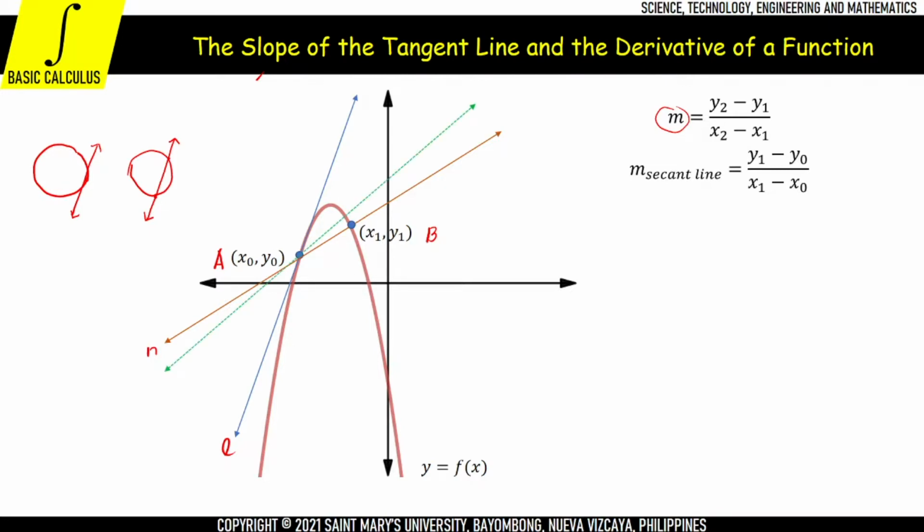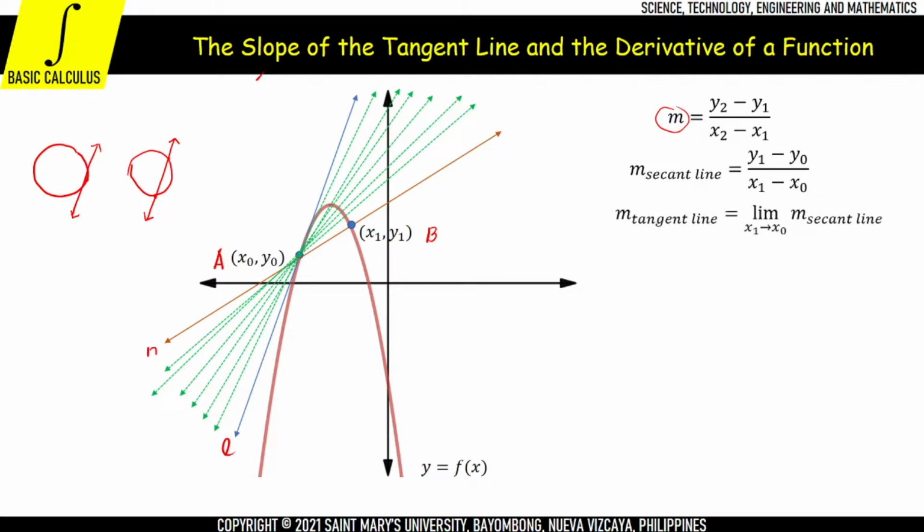Okay, say for example, we try to move the secant line towards the tangent line. So for example, from this initial position, itong initial position ng M, i-move natin yan in such a way that your point B moves towards point A. So we have our initial position, second position, and so on and so forth until line N becomes line L. Therefore, we can now identify the slope of the tangent line by approximating using the slope of the secant line.